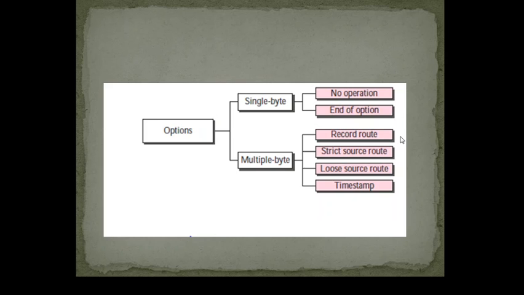This is record route, which means initially these fields will be empty, and as the packet goes through the routers, it will keep on storing the address. A strict route means you will define the particular route of the packet.